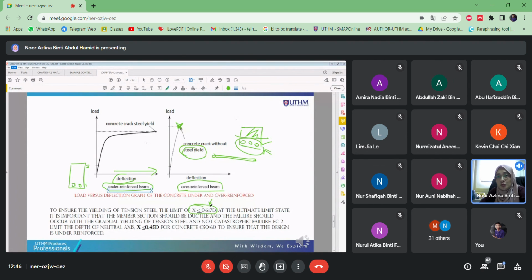But EC2 gives another extra precaution, another safety allowance, which reduces the neutral axis value from 0.617D. In design, we have to refer to 0.45D. Okay, another reduction for the safety allowance here.